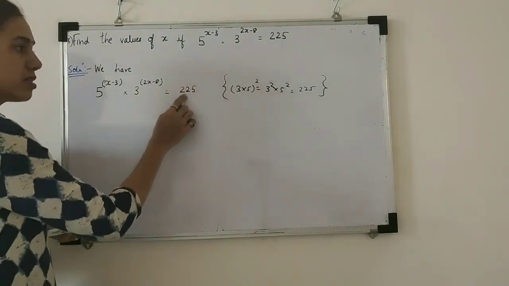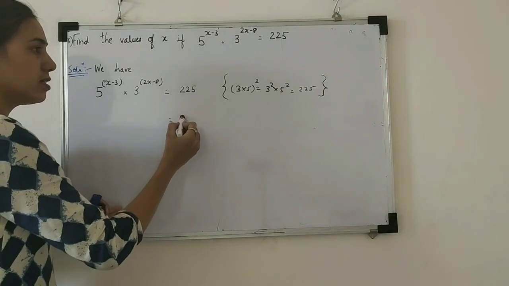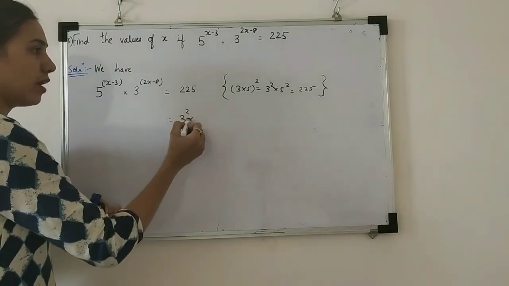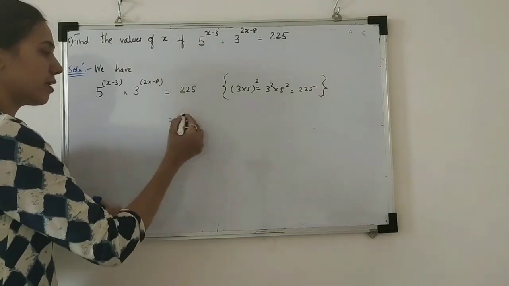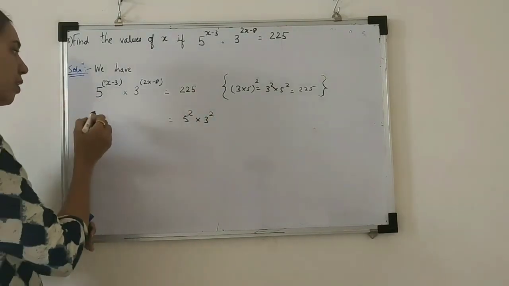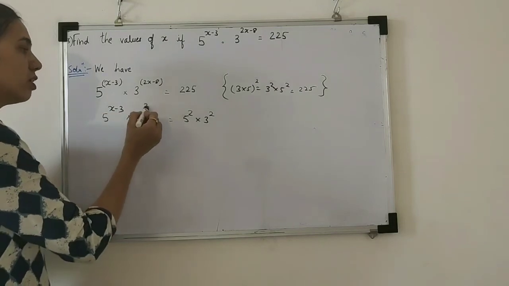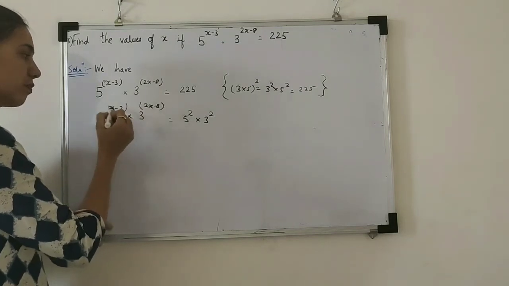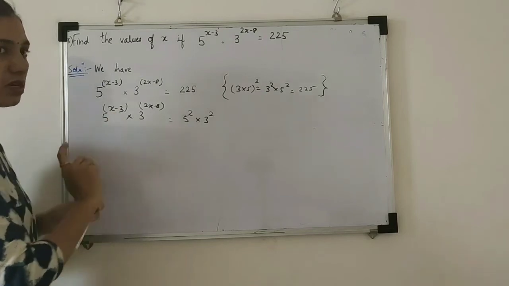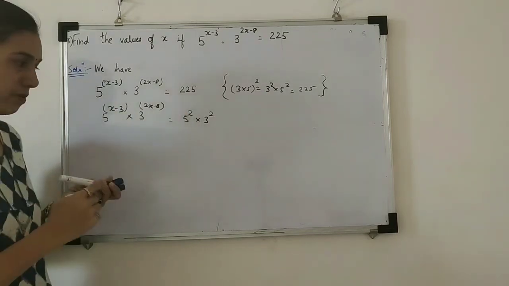If you want, you can find out the prime factorization and then you can write it. So this can be written in this way. I will write it as 5 square into 3 square. Why? Because 5 is written first. And 5 to the power x minus 3 into 3 to the power 2x minus 8. So since it is given as equal, 5 raised to x minus 3 should be equal to 5 square.